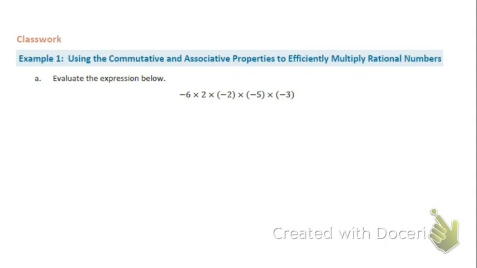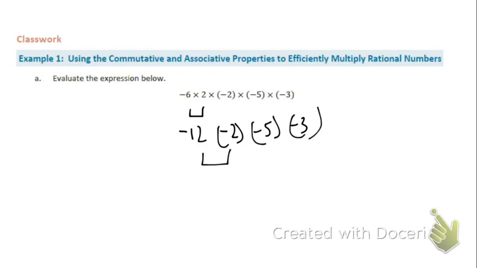For this problem, there's a lot of different ways you could go about it. We could multiply from left to right. I'll just show you a couple ways. Negative 6 times 2 is negative 12. And then times that by, we just write it out, negative 12 times negative 2 is positive 24.